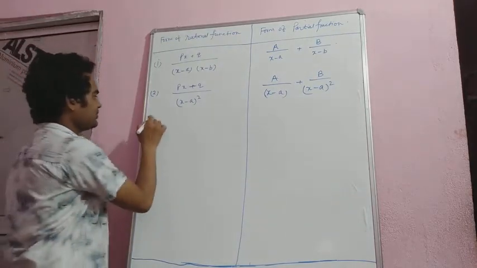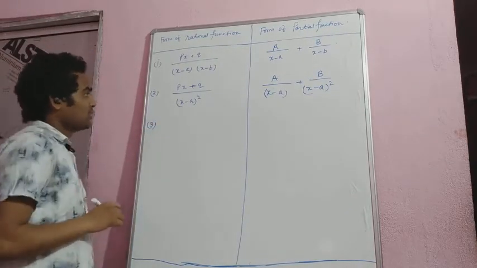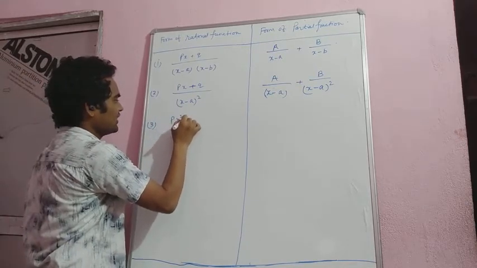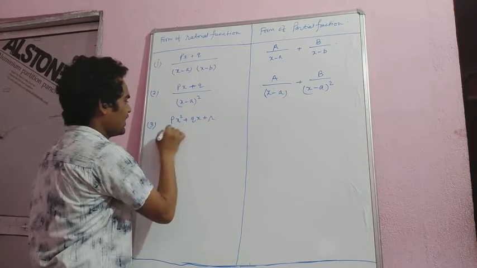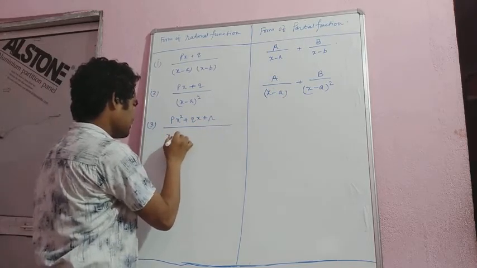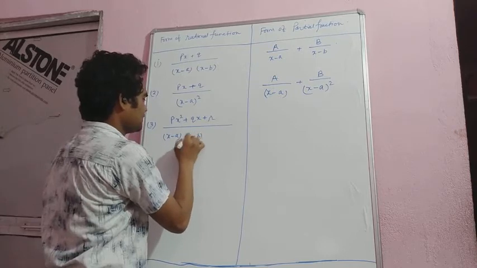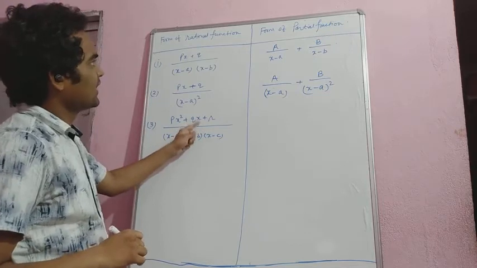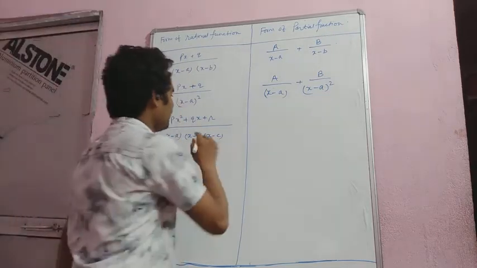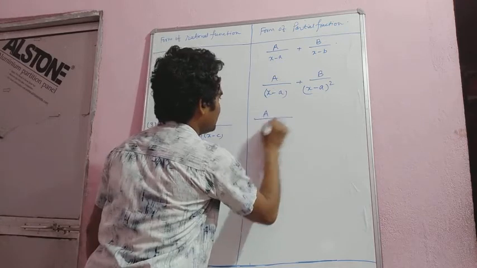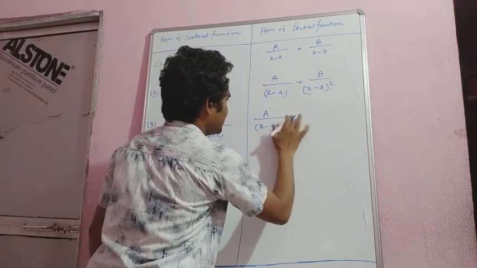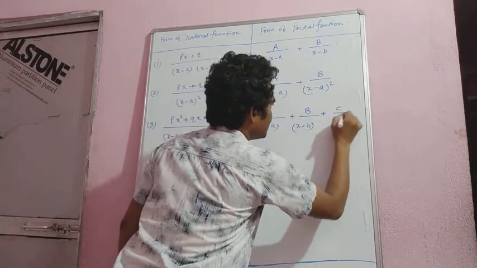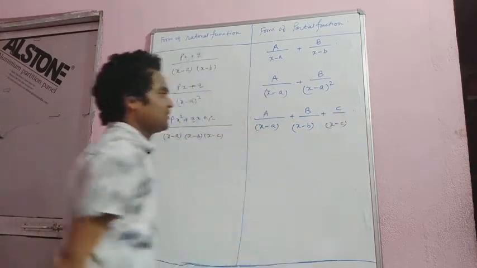Clear? The third form is px square plus qx plus r upon (x minus a)(x minus b)(x minus c). Then its partial fraction will be A upon x minus a plus B upon x minus b plus C upon x minus c.